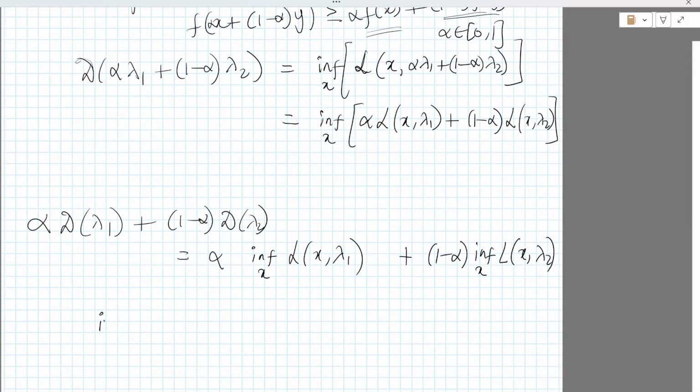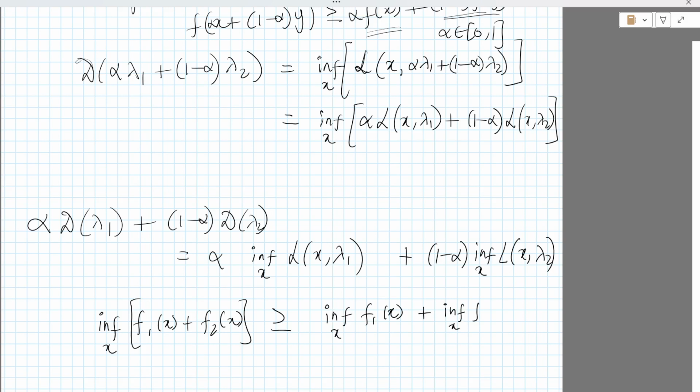If I have the infimum over x of f1(x) plus f2(x), this will be greater than or equal to the infimum over x of f1(x) plus the infimum over x of f2(x).